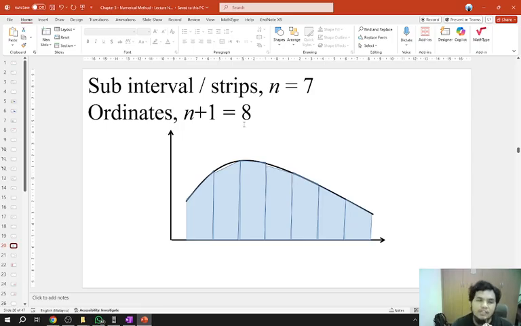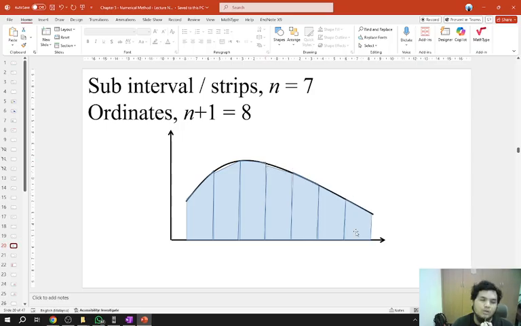For example here, in this approximation, we have 7 subintervals: 1, 2, 3, 4, 5, 6, 7. And also can be referred to as the 8 ordinates. So we have 1 point, 2 point, 3, 4, 5, 6, 7, 8.